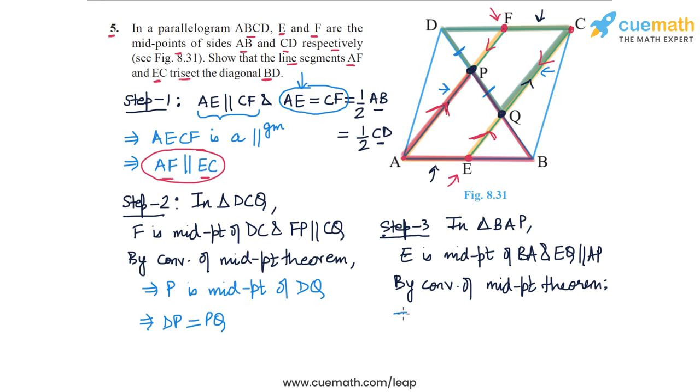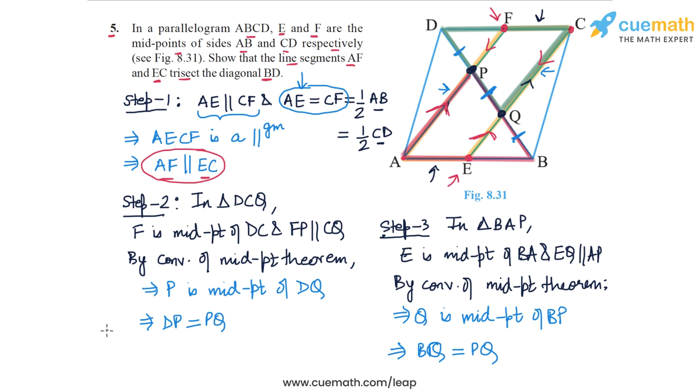So let's write this out. Q is the midpoint of BP, and this means that BQ and PQ are equal. So BQ and PQ are equal because Q is the midpoint of BP.